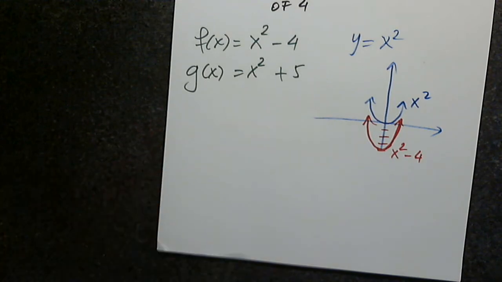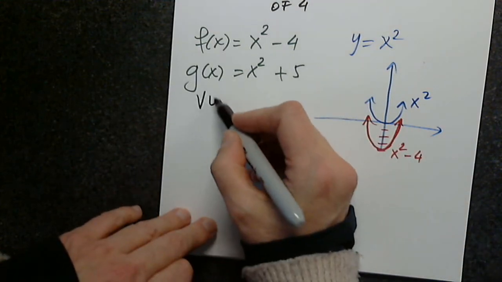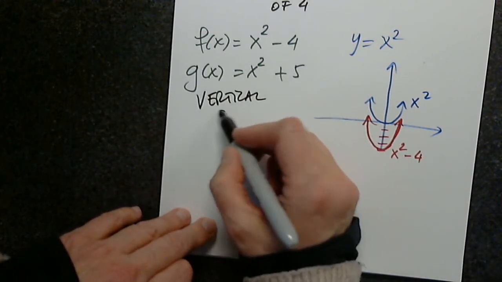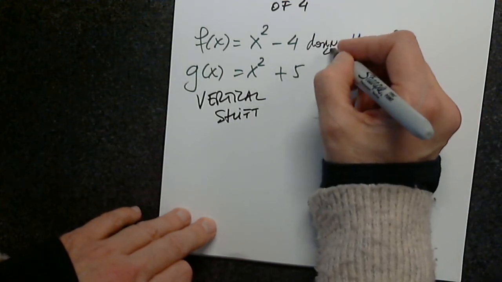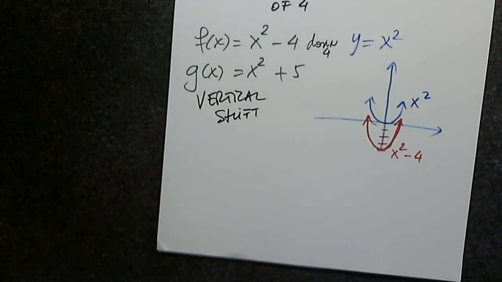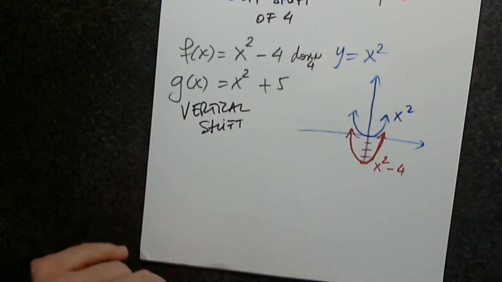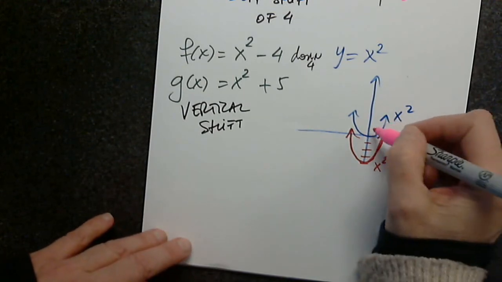Now, what type of shift is this? Yes, it's a vertical shift. Down 4. How will you graph x squared plus 5 then? Vertical shift, up 5.